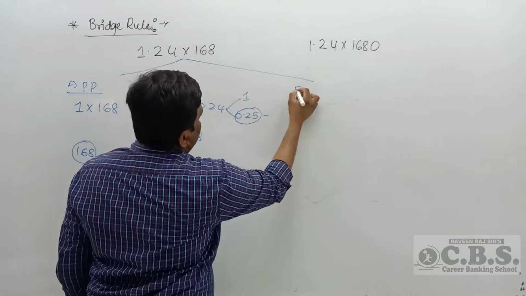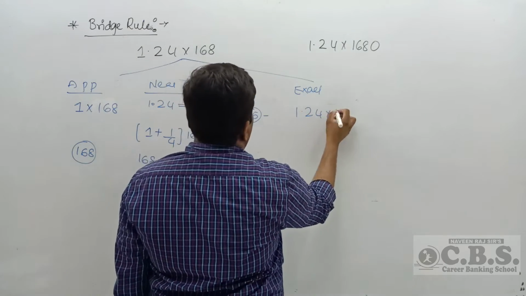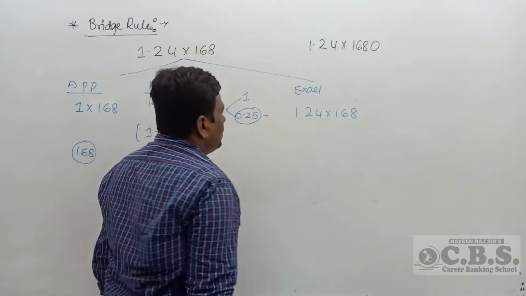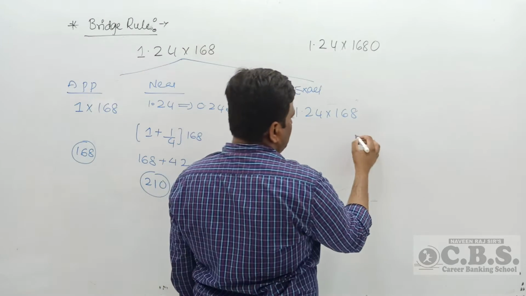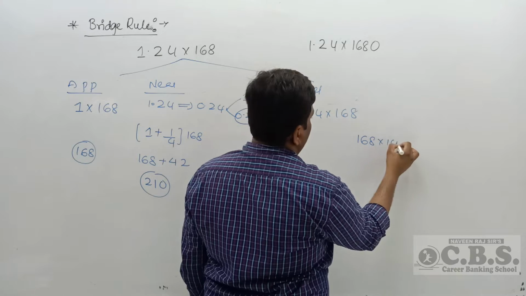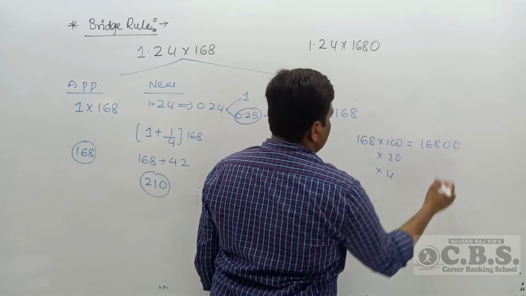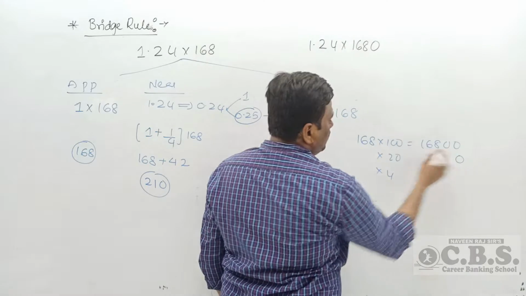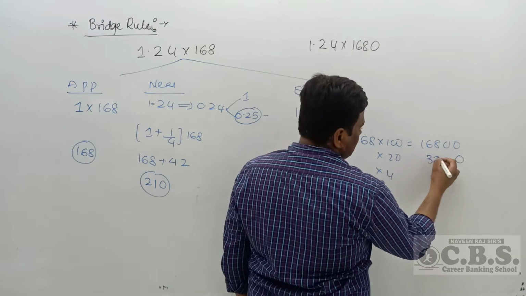Now I do the exact multiplication. So 1.24 into 168. Okay, definitely it is time-consuming to simplify this one. So I take 168 one time 100, one time 20 and one time 4. It is 16800. Then 160, 320, that is 336.